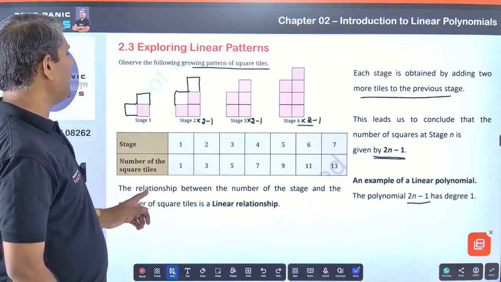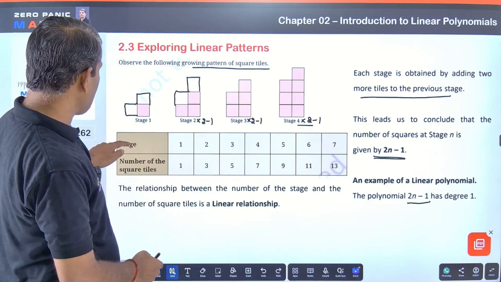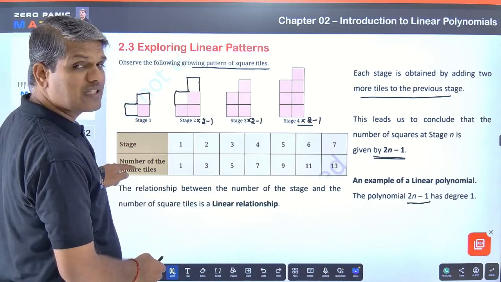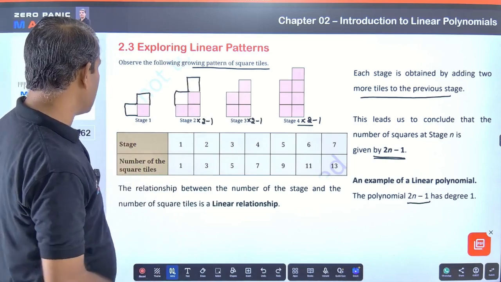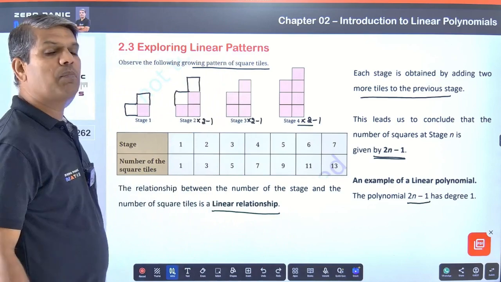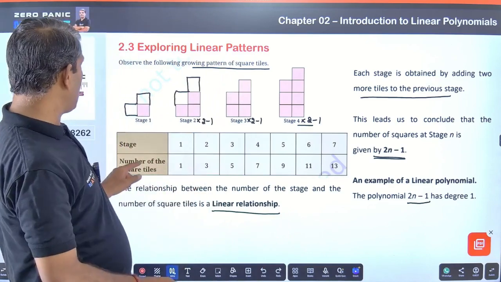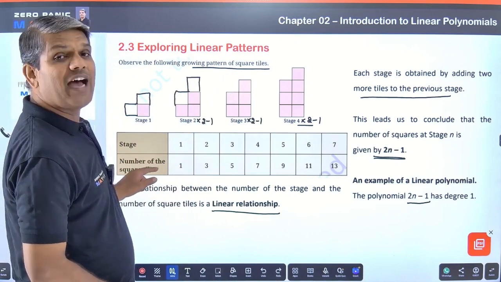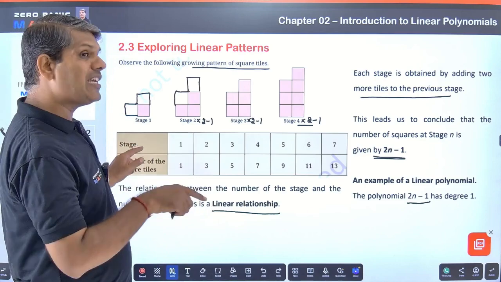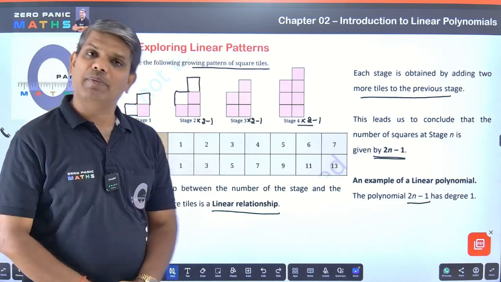Here we can see a relationship between the stage numbers and the number of square tiles. And what is that relationship? That relationship is called a linear relationship because there is a linear growth in the number of square tiles as and when the stage number grows.